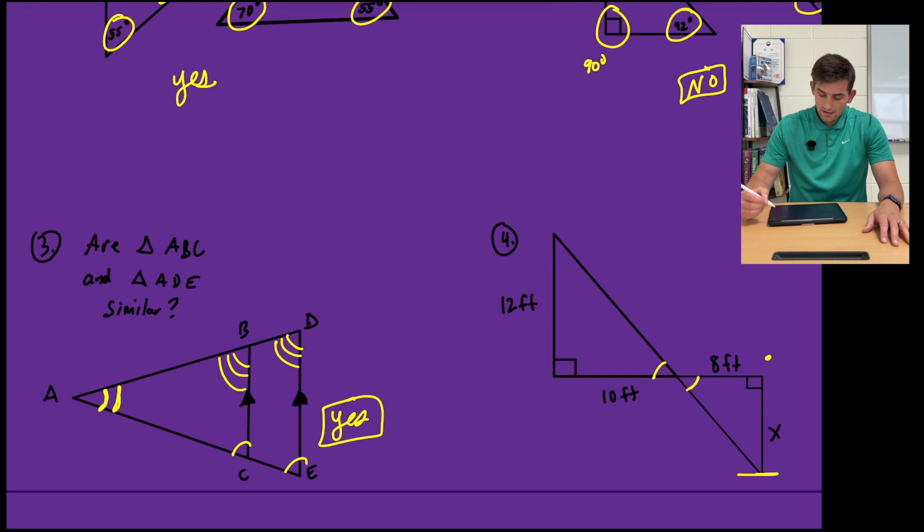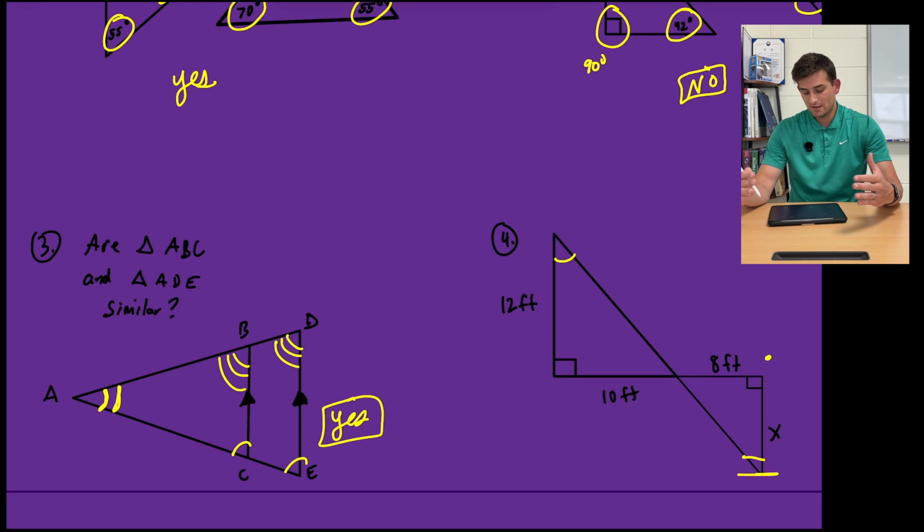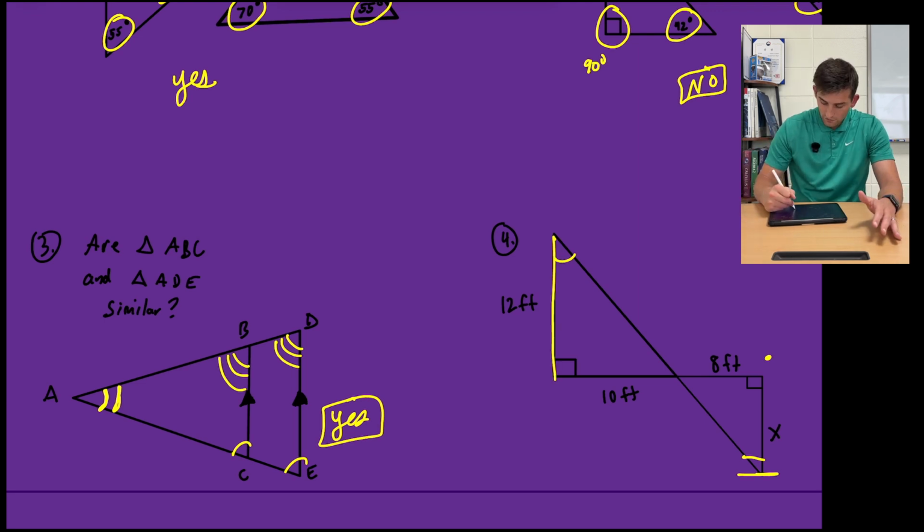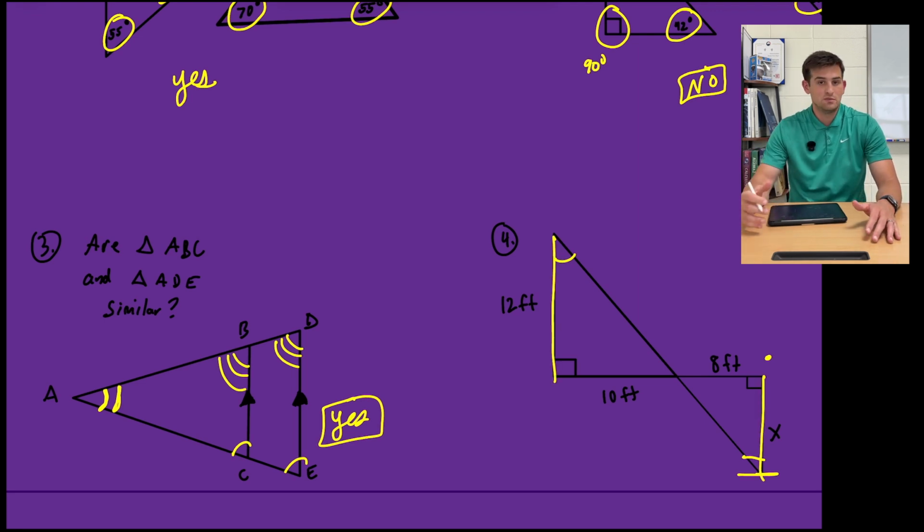Okay, and then we could also use these angles here and say that those would be alternate interior or alternate exterior angles, because we do have some perpendicular lines, which then means that our 12-foot line and our line here with x would be parallel. So we could use those, and those would act as alternate interior angles. So there are multiple ways to figure out how our angles are congruent, which then implies that these triangles are similar.